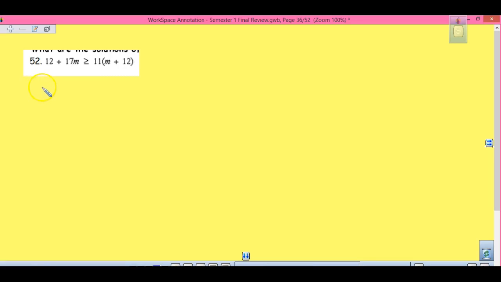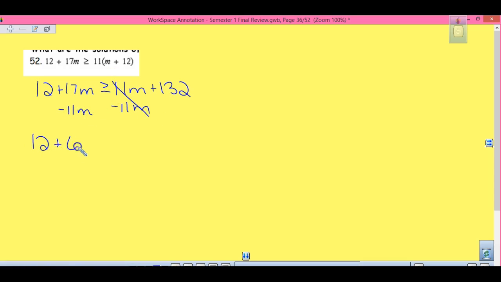Okay, so we have 12 plus 17m is greater than or equal to 11m plus what? 132. Subtract 11m. 12 plus 6m is greater than or equal to 132.